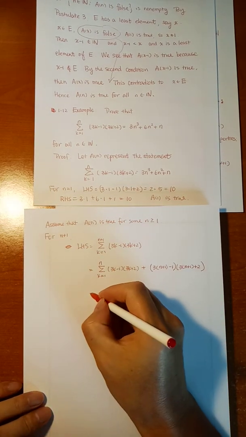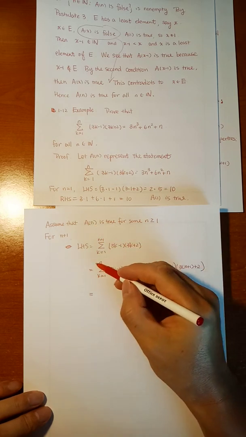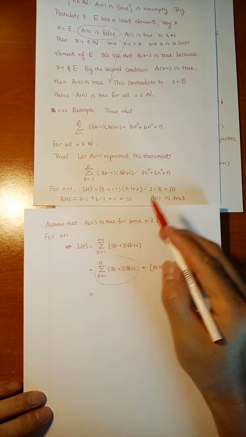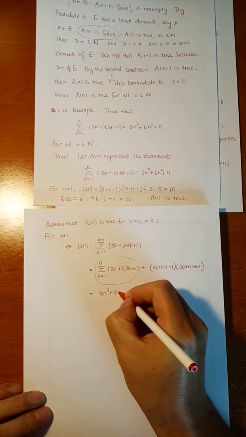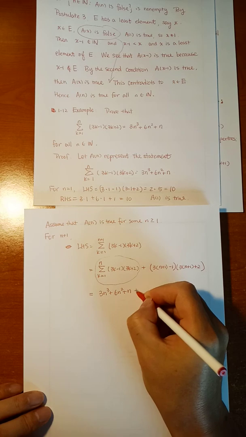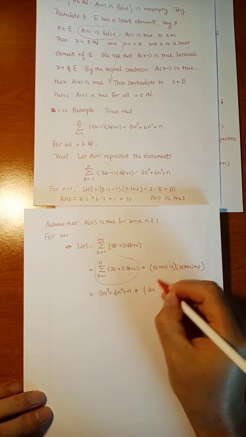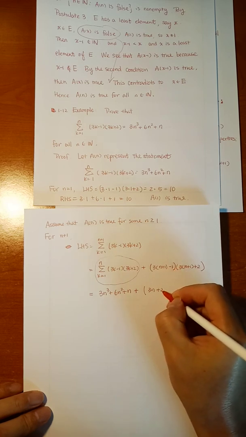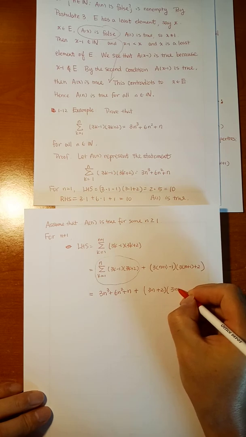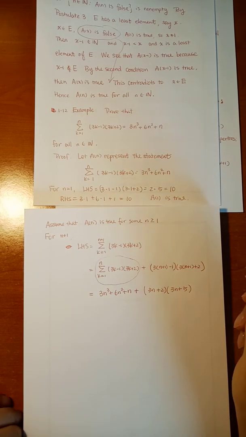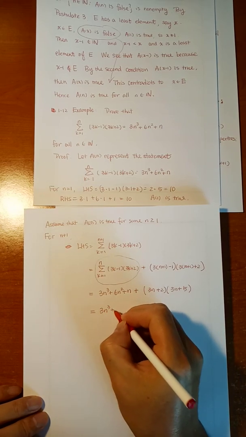Okay, and then by the assumption A of n is true, it means this sigma is equal to 3n cubed plus 6n squared plus n. And the final term, let's simplify it. It is 3n plus 3 minus 1 plus 2, that is 3n plus 3 plus 2, which is plus 5. Okay, let's continue the simplification.